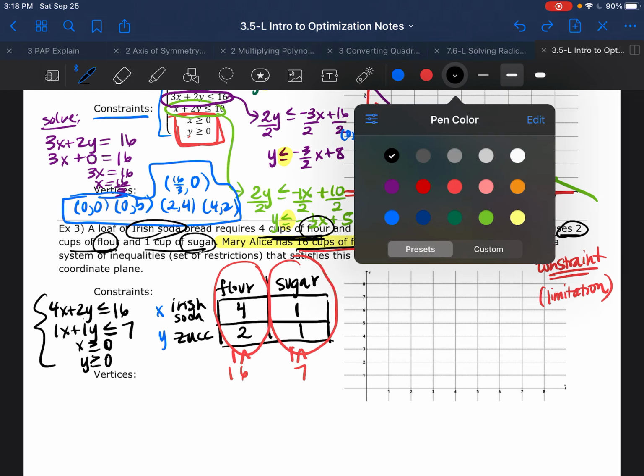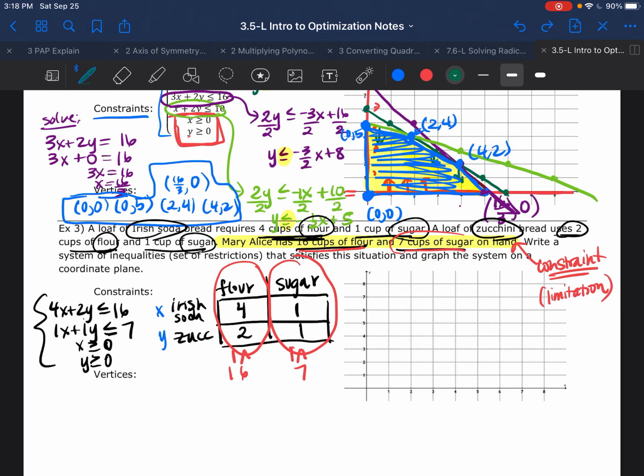Okay, and so now that we've written those, we need to graph those. And so just like we did in the example above, we need to solve them for y. And so first we're going to graph the freebies. x is greater than or equal to 0, and y is greater than or equal to 0.